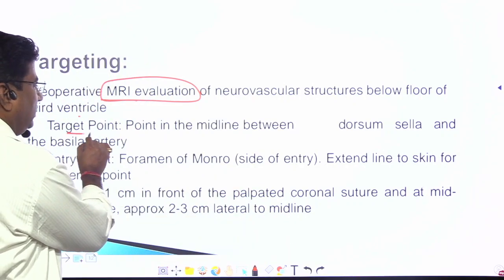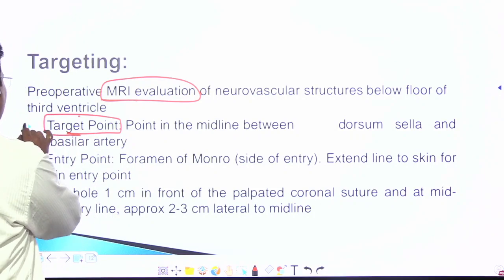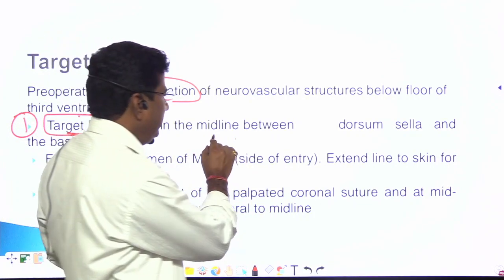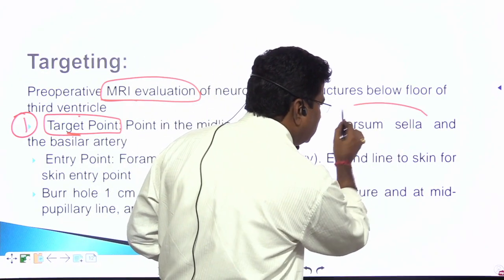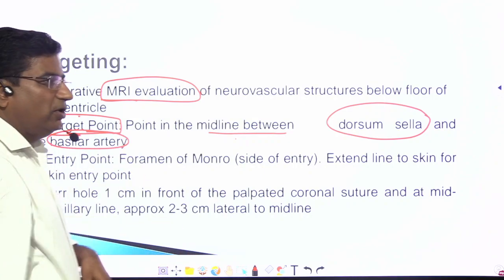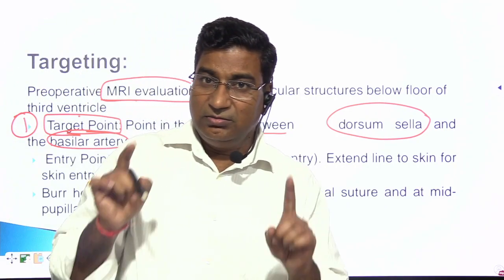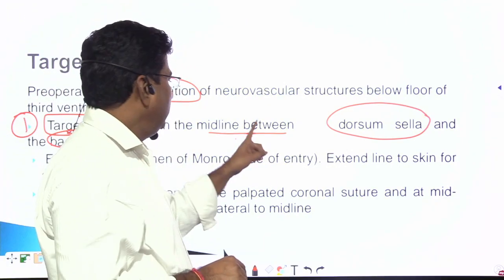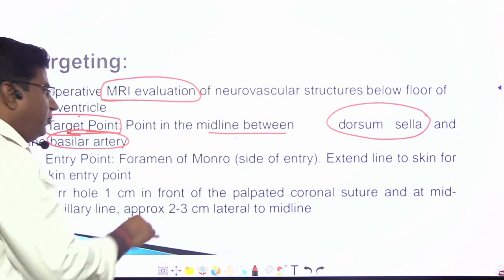What is the target point? Number 1, the target point is in the midline, midway between the dorsum sella and the basilar artery. You well know about this.